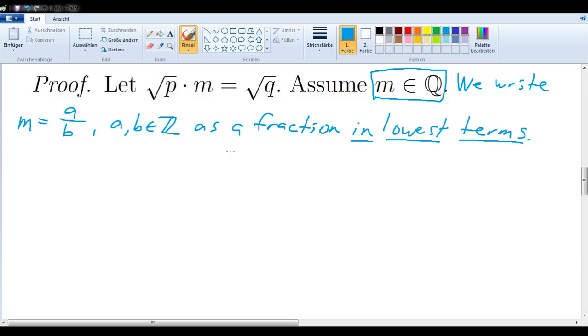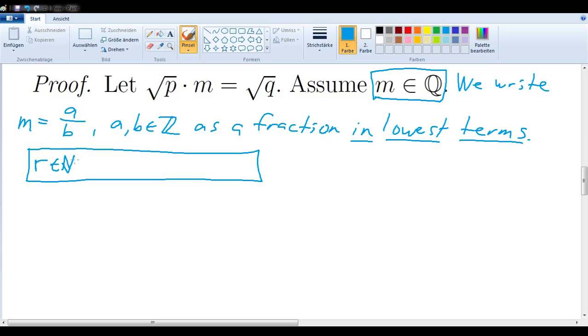We will also be needing the number theoretic definition of a prime number. So as we've already used p and q, let's say for an r. So a prime number here would be a number r that is a natural number that is not equal to 1, for which the following property holds.